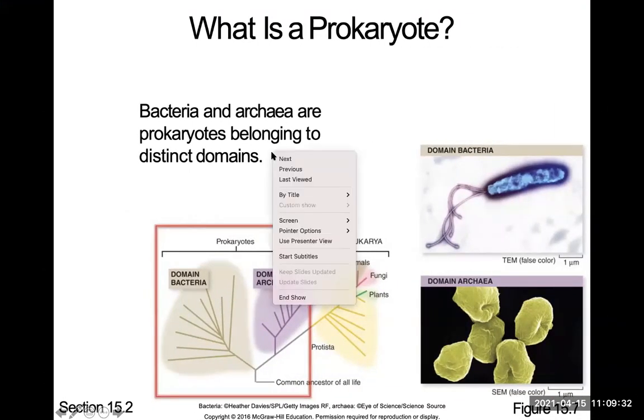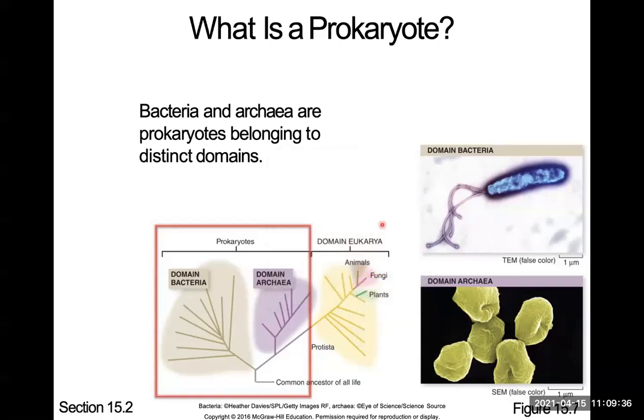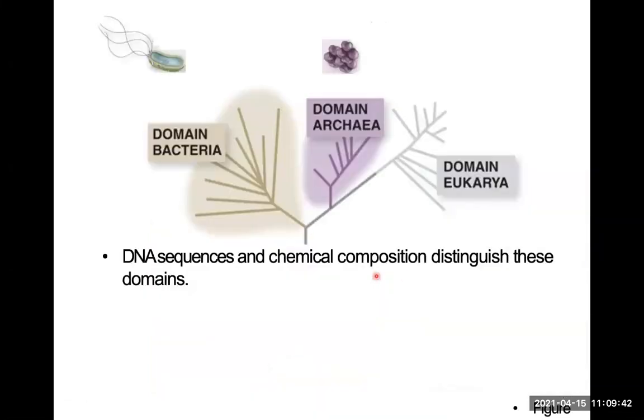Okay, so going back here, this is showing you an example of bacteria, and this is showing you an example of archaea. I'll tell you why they're called archaea. When they started finding organisms that go in this group, they found them in very extreme environments, maybe where it was very hot or very salty, or maybe with a lot of methane gas.